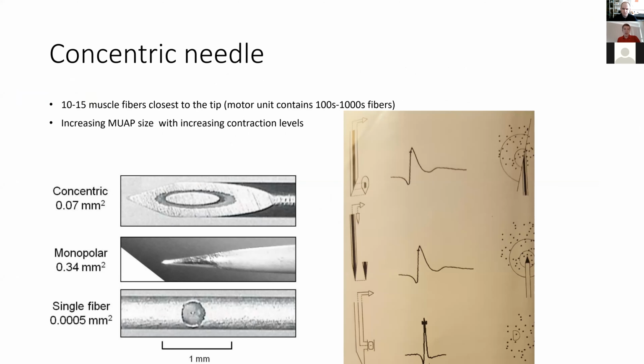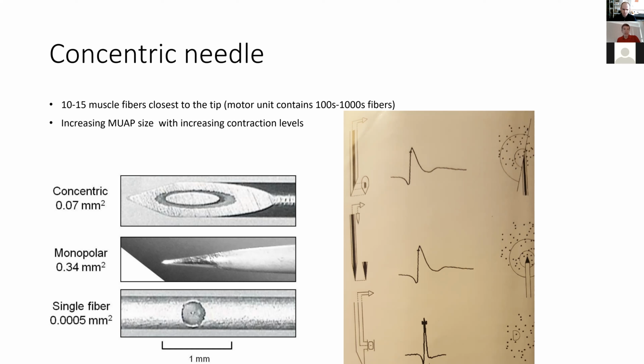For electrodiagnostic evaluation of the muscle, we use in our daily practice a concentric needle. The shaft of the needle, as you can see here, functions as a reference electrode. With this reference electrode and this EMG electrode, we measure the closest 10 to 15 muscle fibers, monitored on the screen.